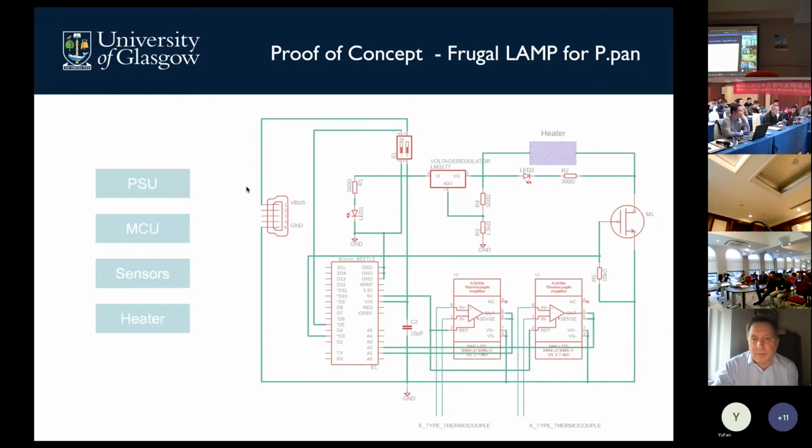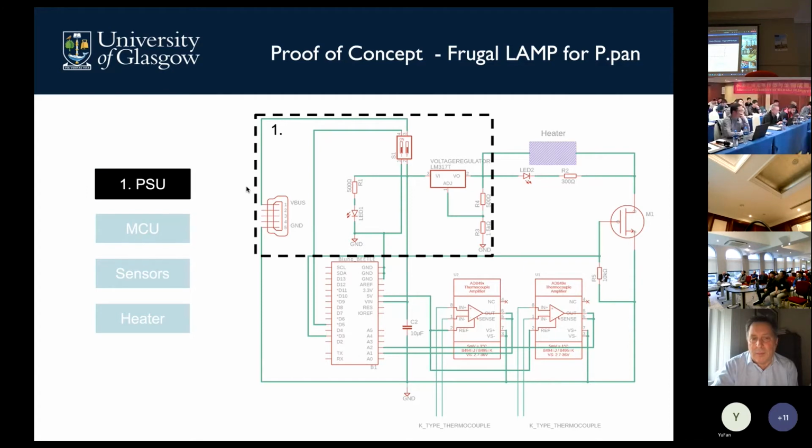Very simple circuit. We've got a little power supply unit. We're using the battery from the mobile phone. We've got a microcontroller unit, which is controlling the heater, sorry, and taking feedback from two sensors, one of which is a reference sensor, and one of which is measuring the temperature on our chip.